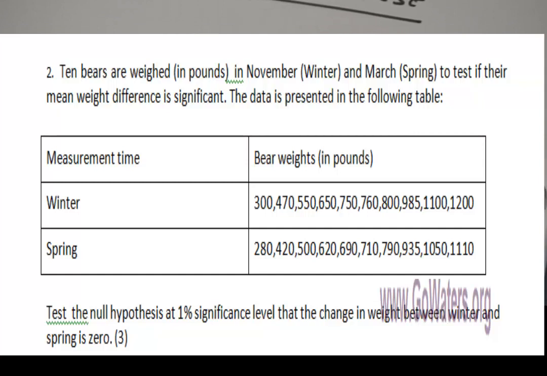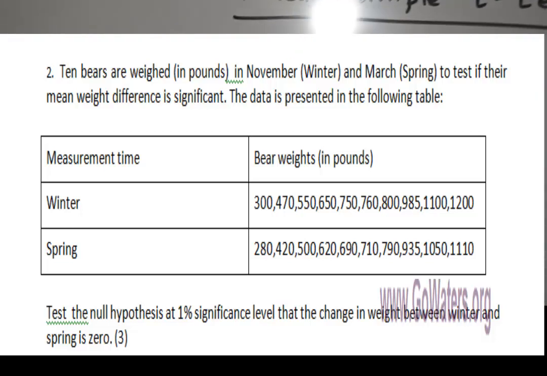Now I'm going to give an example. The 10 bears are weighed in pounds in November, that is in winter, and in March, that is in spring, to test if their mean weight difference is significant. The data is presented in the following table.